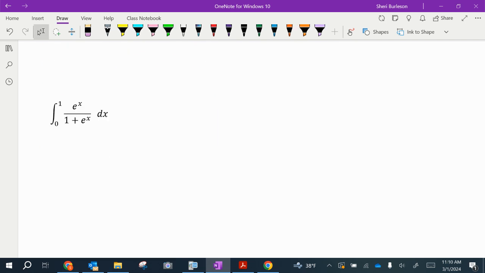So now, what about e to the x over 1 plus e to the x dx? But now I'm integrating it over an interval. Okay, so we have a couple things here. The first is my u is going to be the 1 plus e to the x.